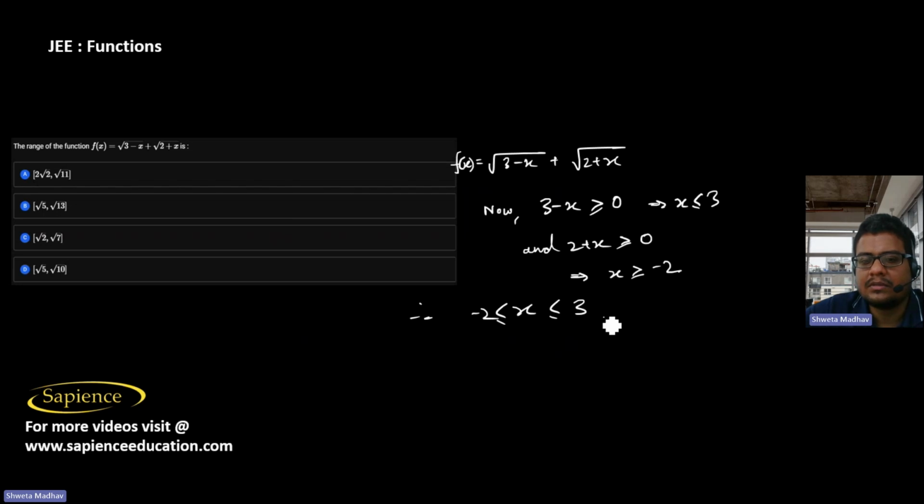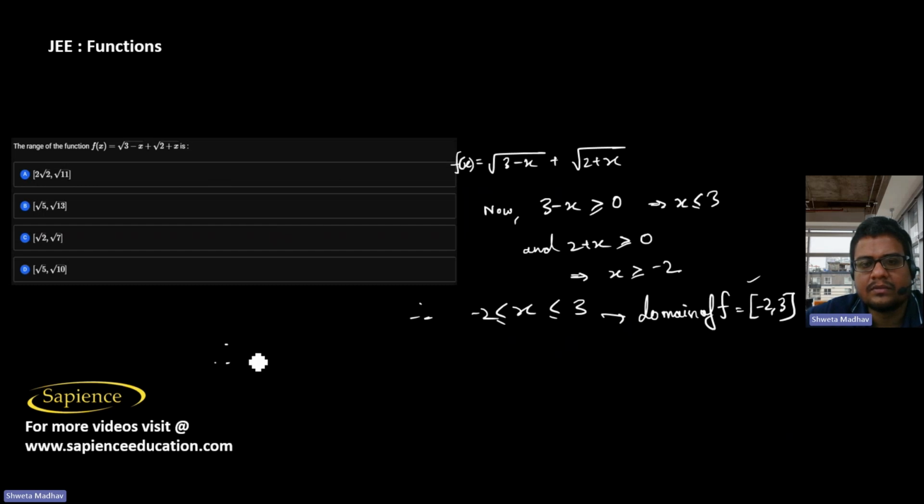So this is the domain of the function f, that is minus 2 to 3. Now the range you have to find out.